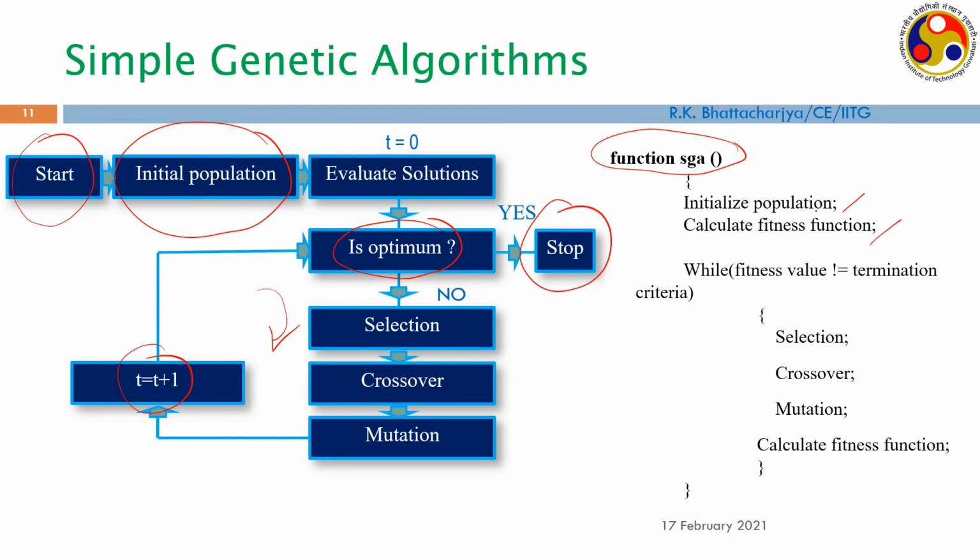Initially you are doing these two steps, and after that you enter this particular loop: while the fitness value is not equal to the termination criteria, your solution will go through the operators selection, crossover, mutation, and we will calculate the fitness again. This iteration will continue till you get the termination criteria. So this is your simple genetic algorithm.